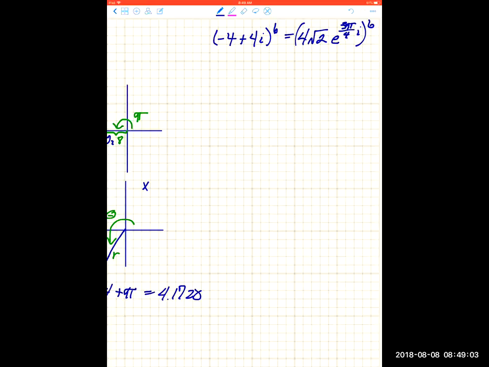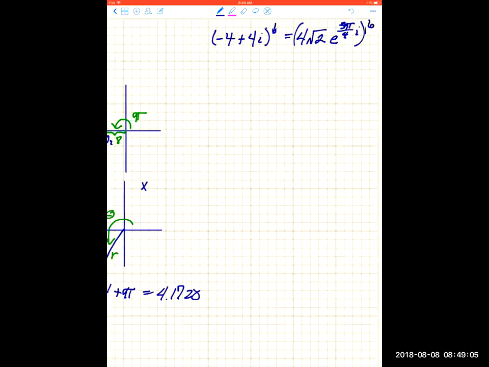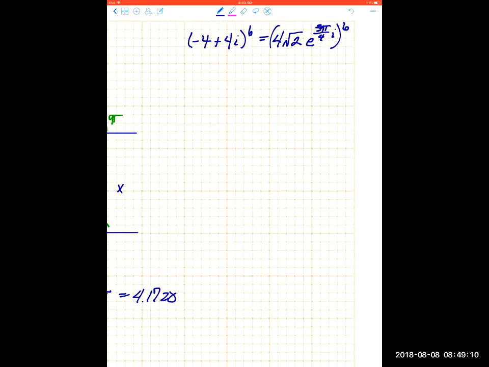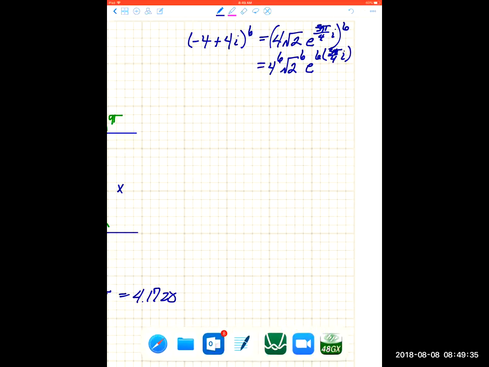That's better, isn't it? Because that thing on the right-hand side, we can use the product to a power rule and realize that this simplifies to 4 to the 6th power times the square root of 2 to the 6th power times e to the 6 times 3 pi over 4i. Hopefully you remember your rules of exponents. Now 4 to the 6th, I don't know that number.